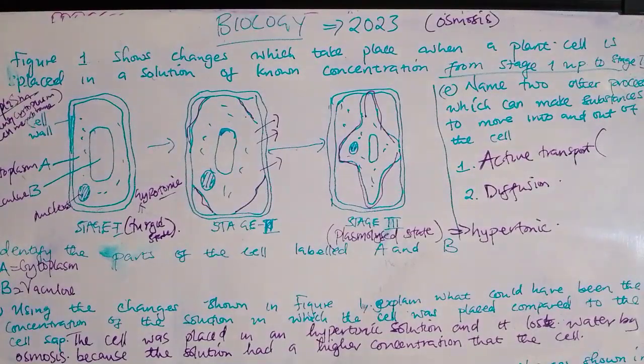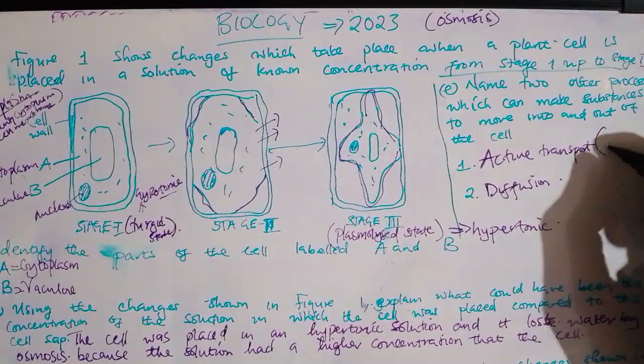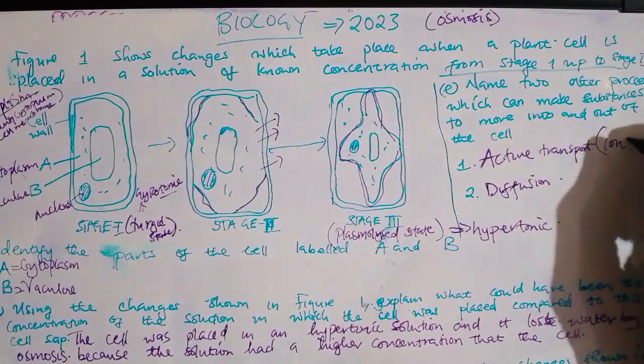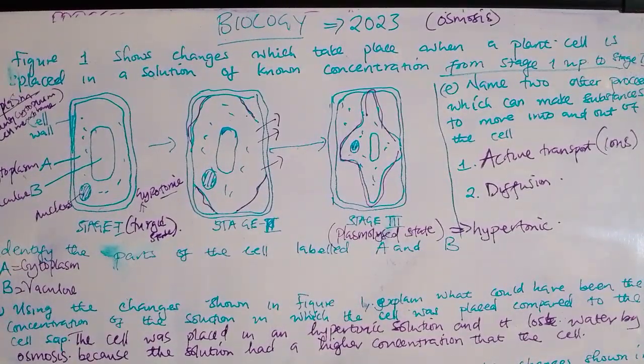Everyone knows that active transport is the process by which ions are taken up by the plant. And diffusion, we know, is a process by which substances diffuse from an area of higher concentration to an area of lower concentration.